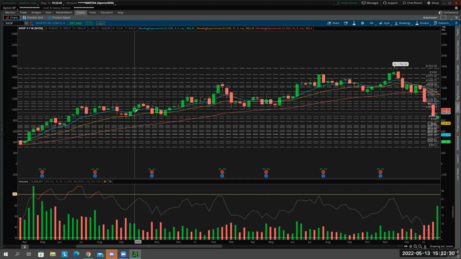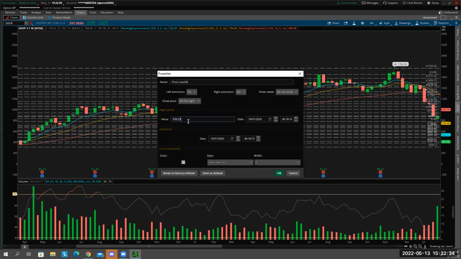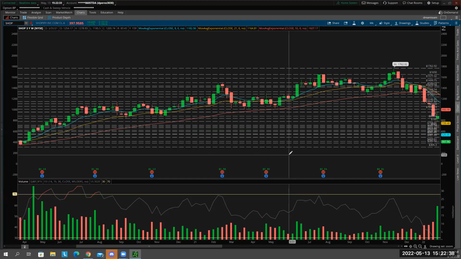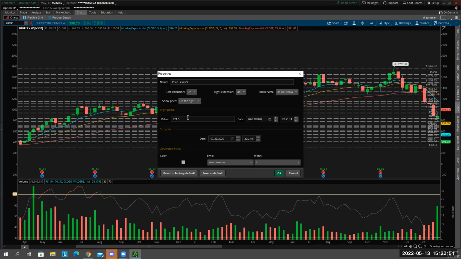Yeah, I like this one. Low is 951. Nice support this level right here. So let's see what that is. The open is 929.